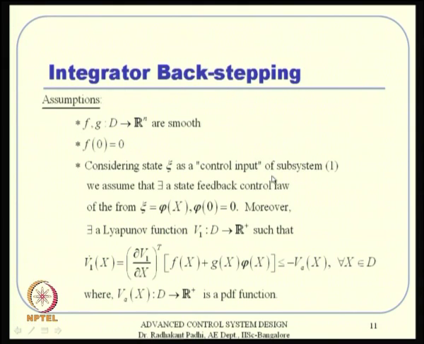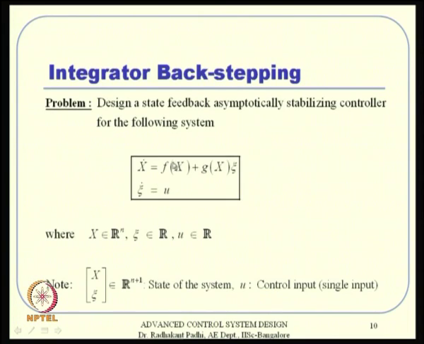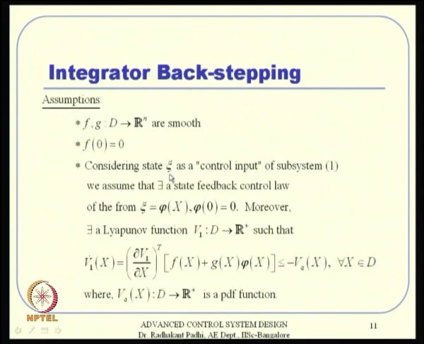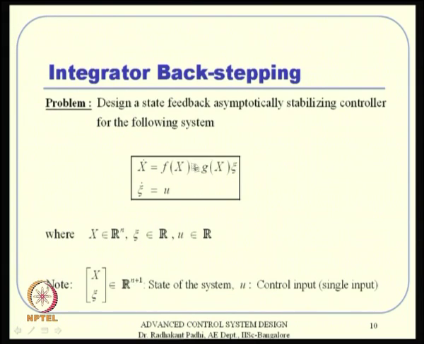So what are the assumptions? First, f and g are both smooth, that means the derivatives are also continuous. F of 0 is 0. If you consider this xi as a control input to the first part of the equation, xi acts as a control variable.